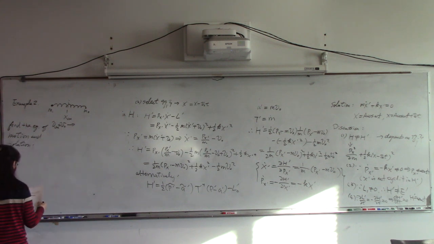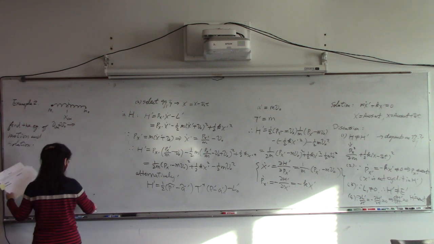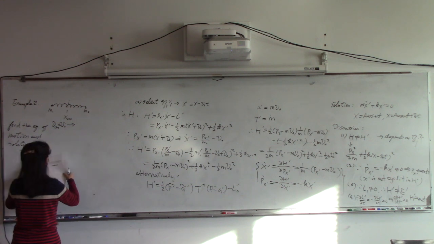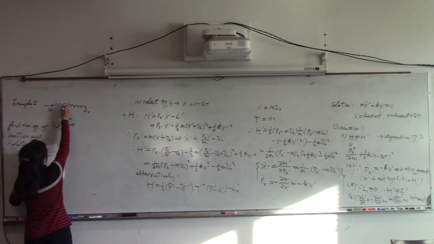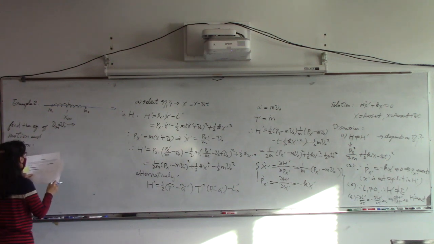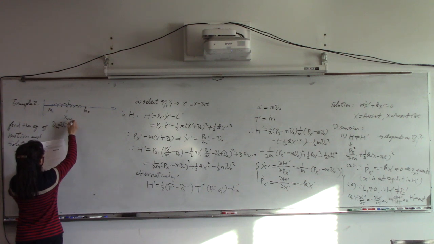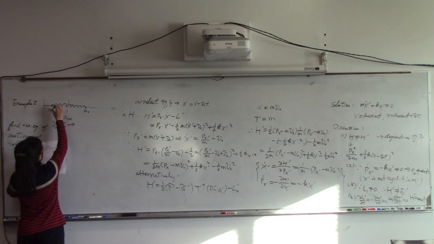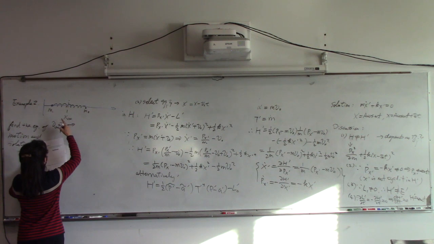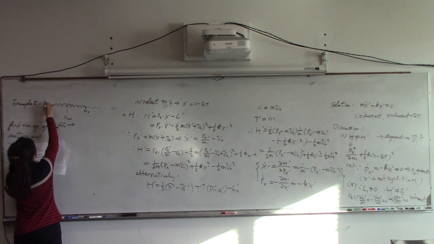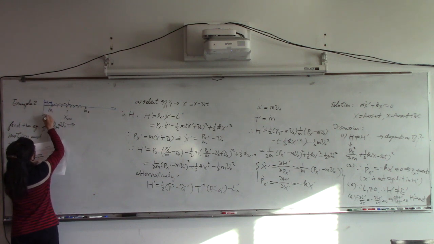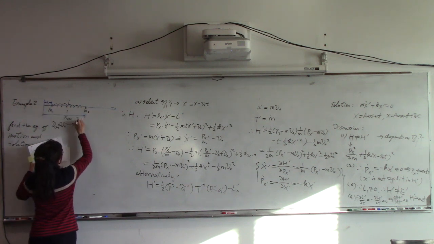Okay, let's do this. Because it's along one dimension, right? Now we are going to set up the coordinates. This is in this direction, and then assume that here we have X1, X2. X1 is the position of the first one, and this is X2.